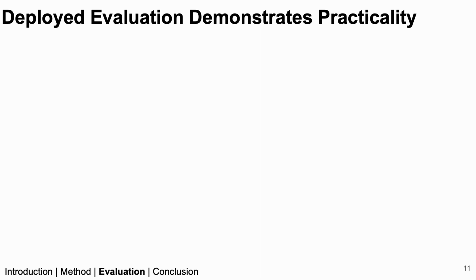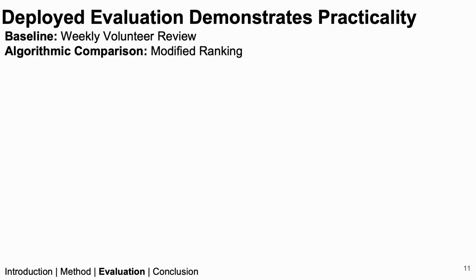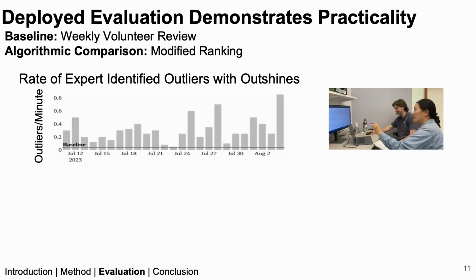We also wanted to highlight the deployed evaluation of OutShines because it demonstrates the practicality of this approach, and both this and the prior set of experiments were pre-registered before any data was collected, and they were IRB approved. And so we compared our approach to a baseline of volunteers who met weekly to manually inspect the data, as well as to the modified ranking approach, the prior best approach.